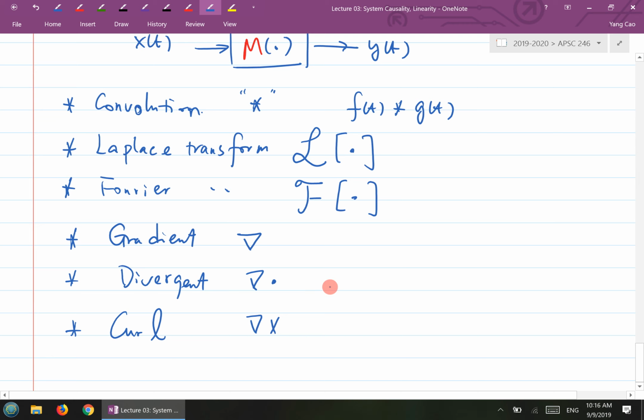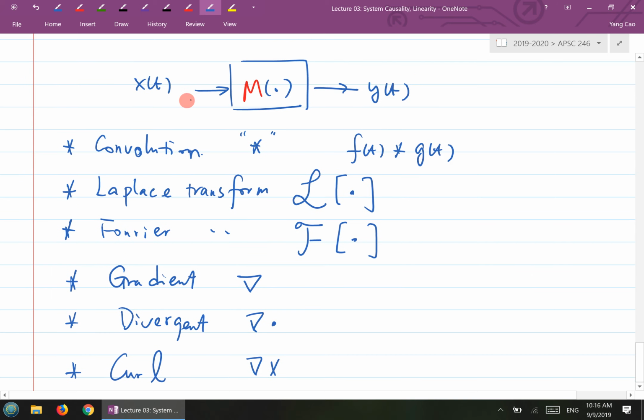So the bottom line is we can use an arbitrary operator to represent the system, and that's what we're going to do. From now on, if I have a system, I'll use the M to represent the system, and the bracket with the dot means you can plug in. It's like a bucket.